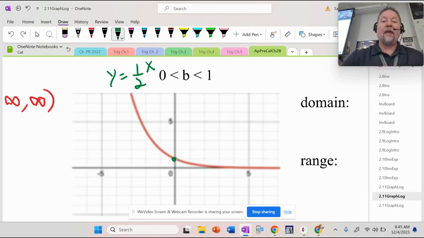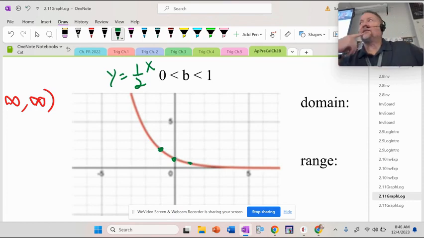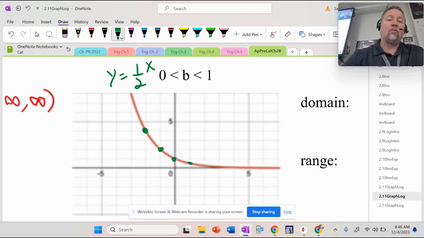And then when I take this to the first power, 1/2 to the first power is a half. 1/2 to the negative first, that's the flipping. That's how I get this to be 2. And it does look like it's right at 2 there. And then 1/2 to the negative second is 2 to the second, flip. All right, negative exponent rule.